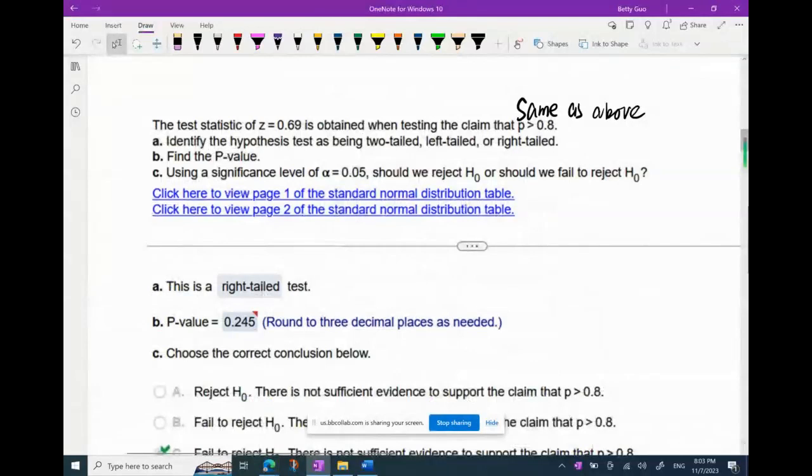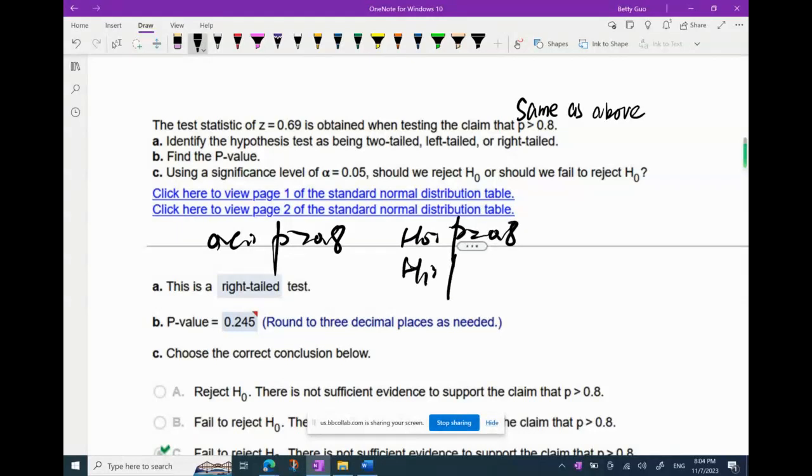The test statistic Z is 0.69, obtained when testing the claim. Okay, the original claim is P bigger than 0.8. So our null is P equals 0.8. Our alternative is P bigger than 0.8.